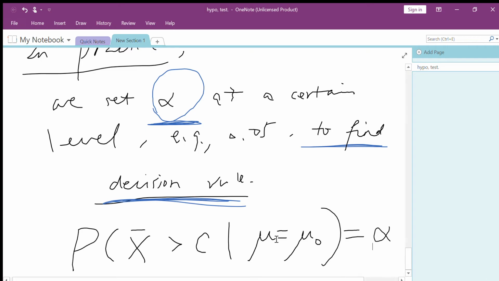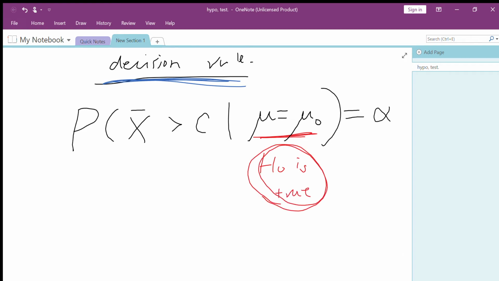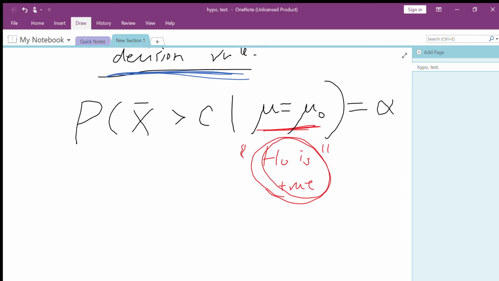So what does this mean? This probability means, recall that this means H null is true, and we're looking for decision rules. We cannot use some realization.